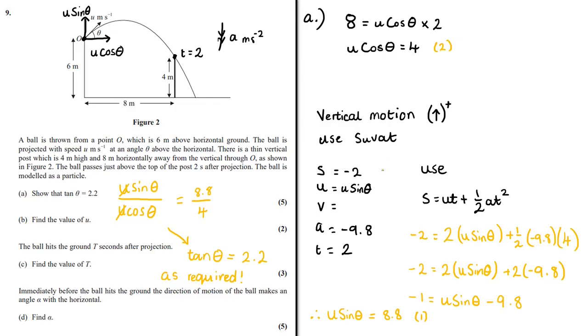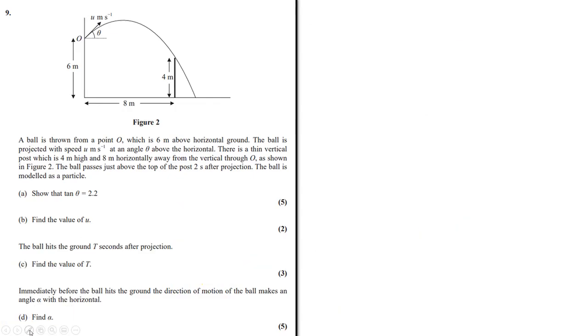What I'm going to do is clear the screen just so we've definitely got enough room for this. Go back to our original pen colour as well. So for part B, we're just going to rearrange equation 1 or equation 2, but first we need to find theta. So theta will be equal to tan inverse on both sides.